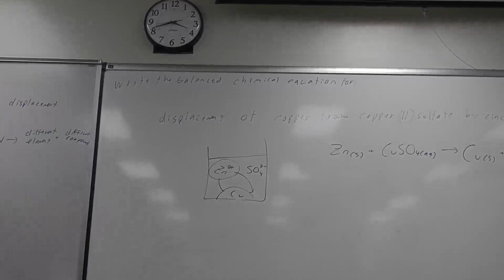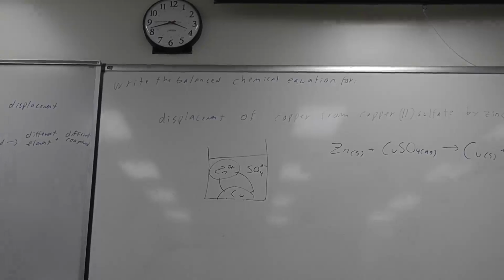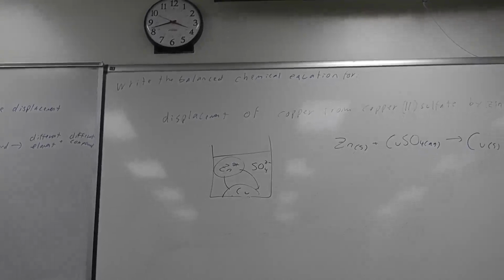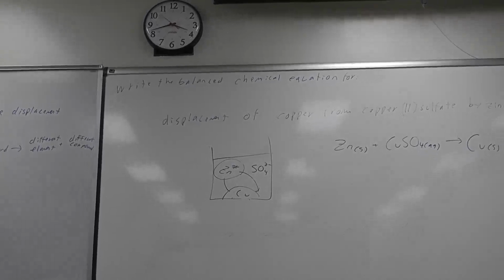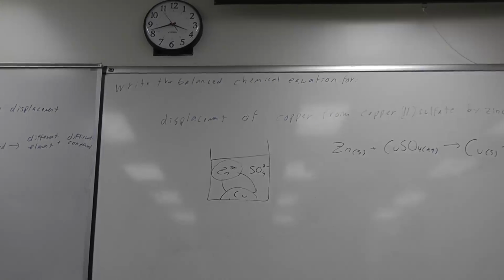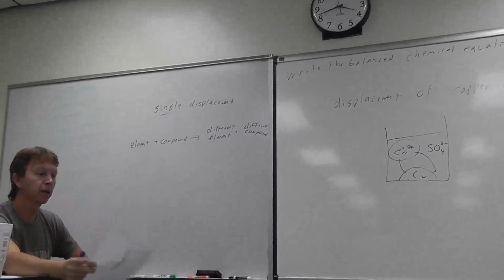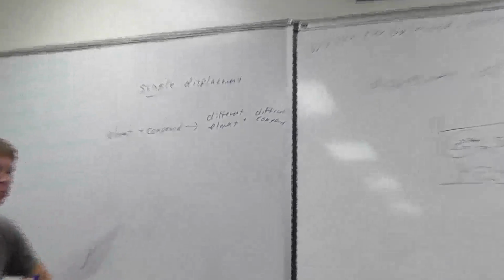Now in the notes, you've got this table that's labeled as the activity series. And that's your ranking over who's more powerful.